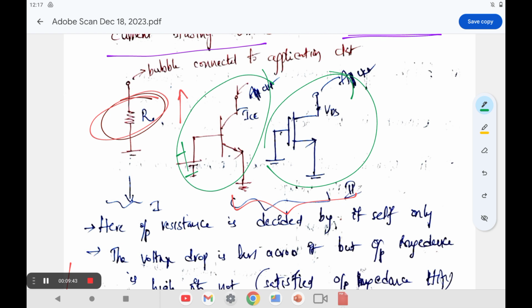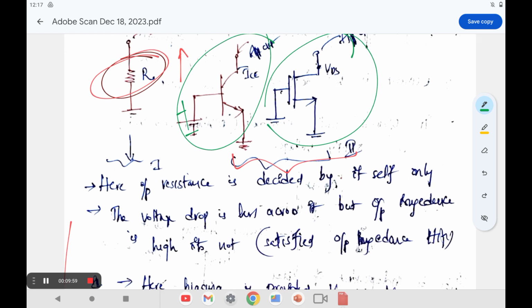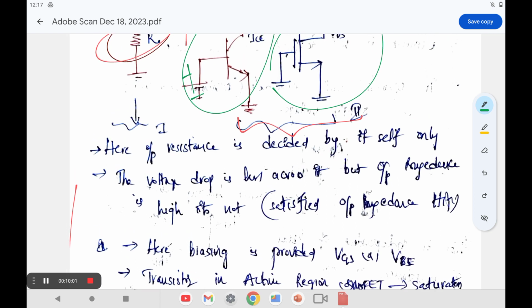In this case, a biasing voltage also needs to be provided to the transistor in order to operate it in the linear region, or maybe the active region. Only in the active region does the corresponding circuit maintain some slope.